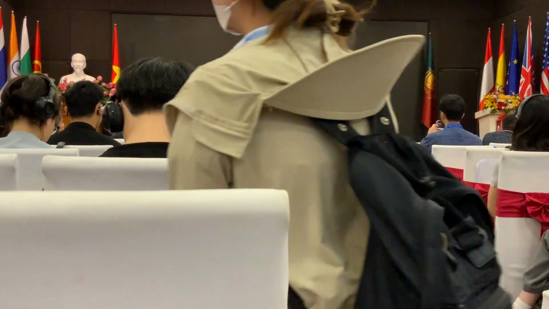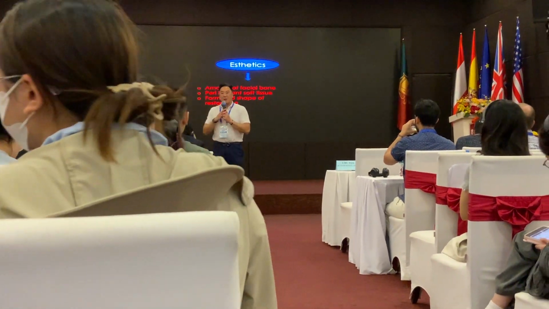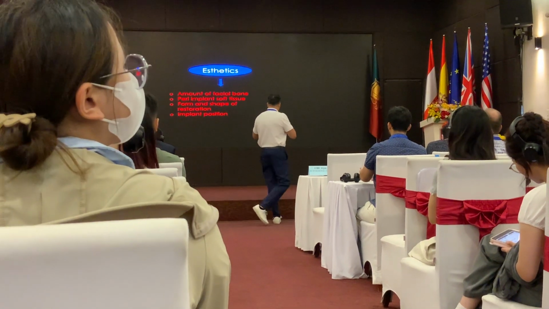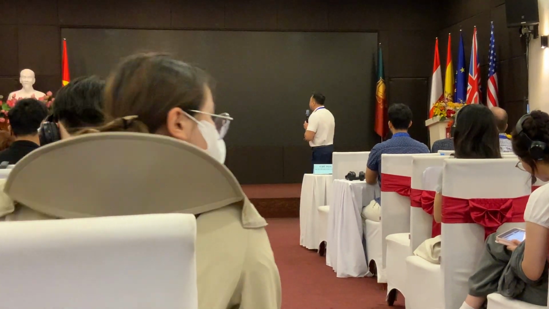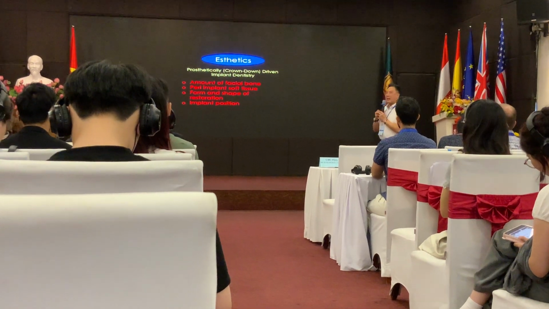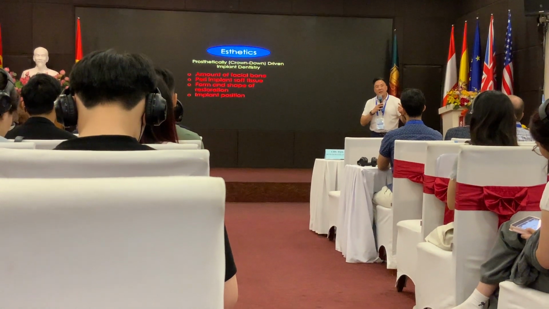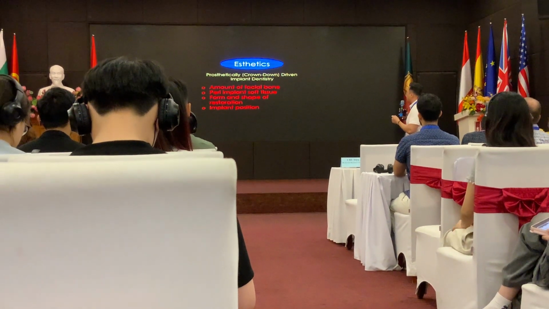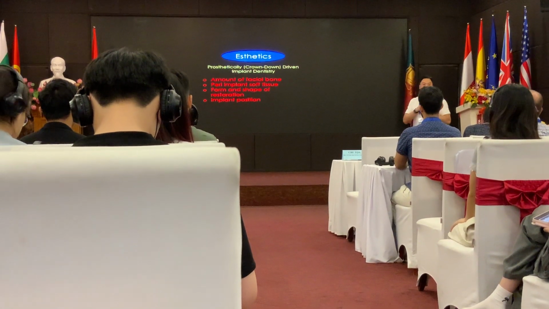How do you give it the color to match the tooth next to it? So the shape, the form, and ultimately understanding the implant position. So when we look at the aesthetics, we have to understand, again, as we mentioned over and over again, it has to be prosthetically driven. Prosthetically driven, crown down implant dentistry.